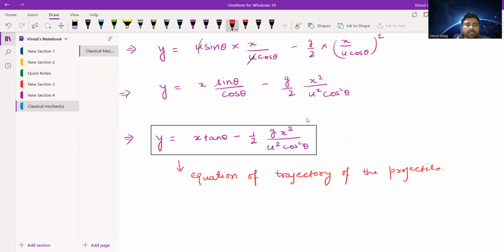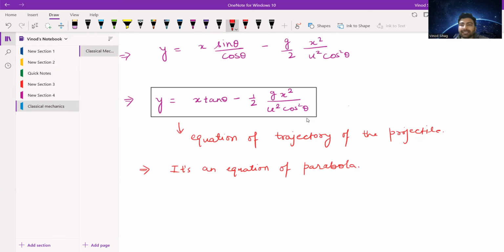As we can see, this equation is nothing but an equation of parabola. And the parabola is around the x-axis, because we know that the equation of parabola is y equals to a times x minus h whole square plus some constant k, that is the equation of parabola, right?